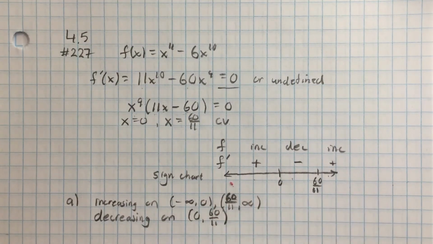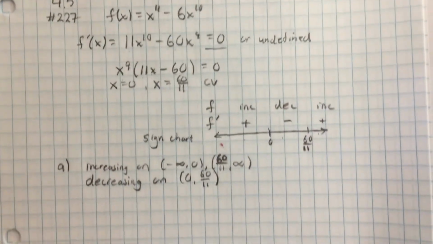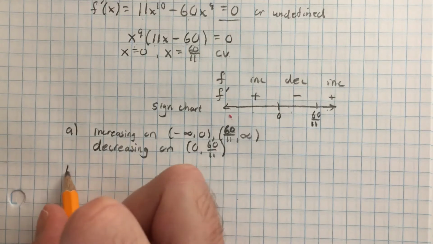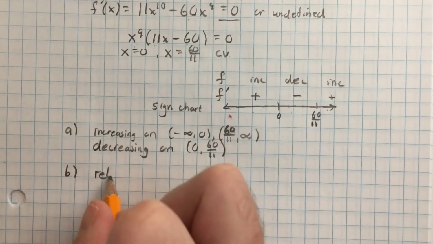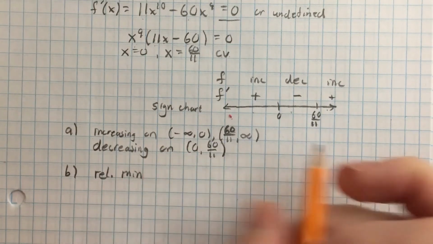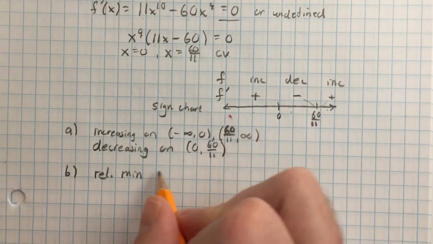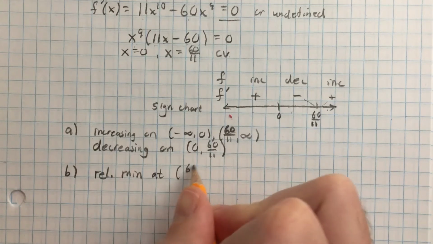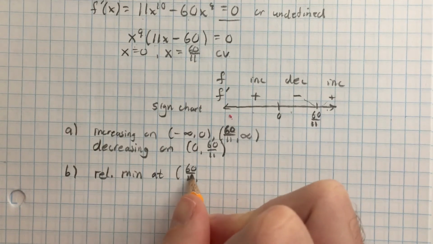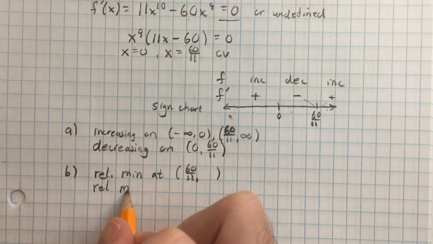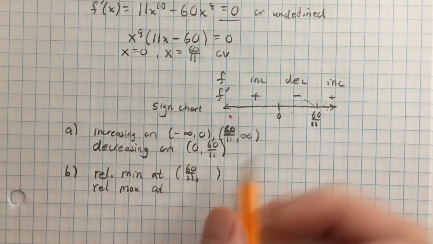All right, simultaneously knowing that, we must also know the relative extreme locations. So part B, we now know there's a relative minimum at 60/11ths, since it was going down here and then going up. That's 60/11ths, comma, something we'll determine momentarily. And we have a relative max at the other location.